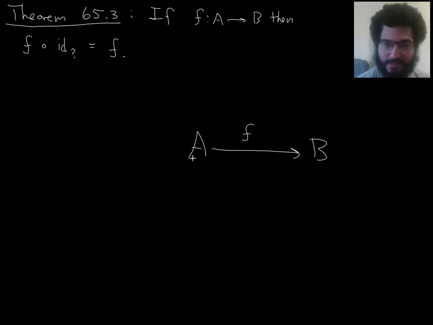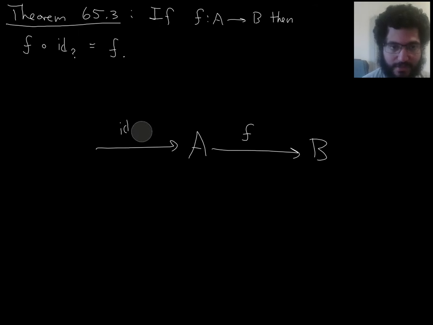F sort of takes elements of A to elements of B. Then what is this composition? When I do f composed with something, it's like this, right? Because the notation is kind of backwards. This composition is like do this thing first and then do f. Then what kind of identity function do I want in order for the composition to make sense? It has to be an identity function whose codomain is A, right?